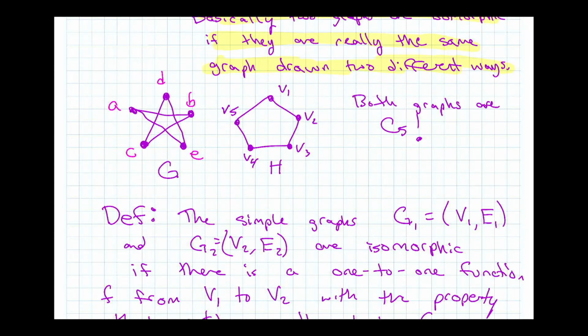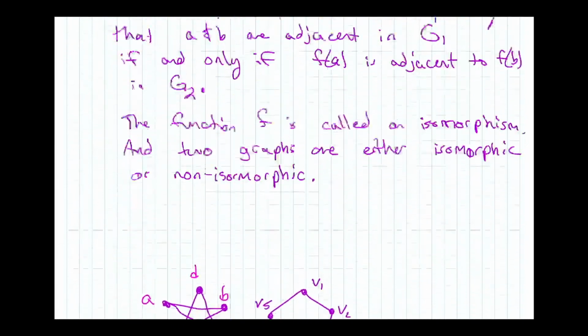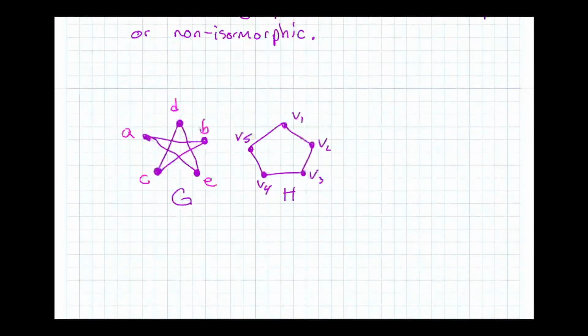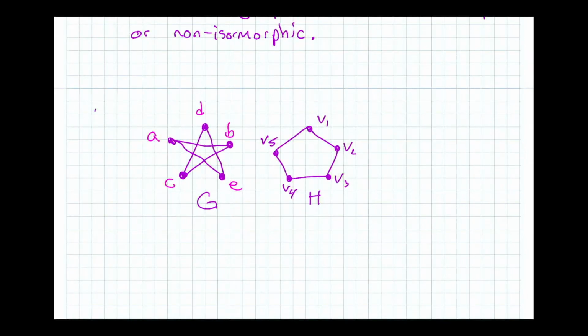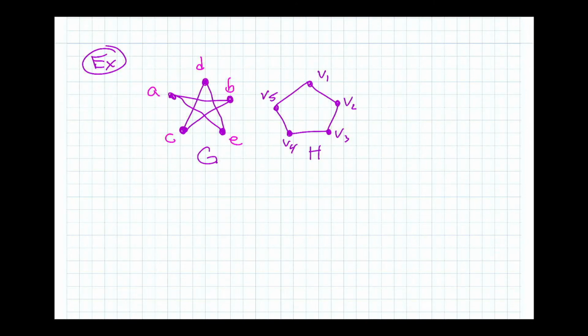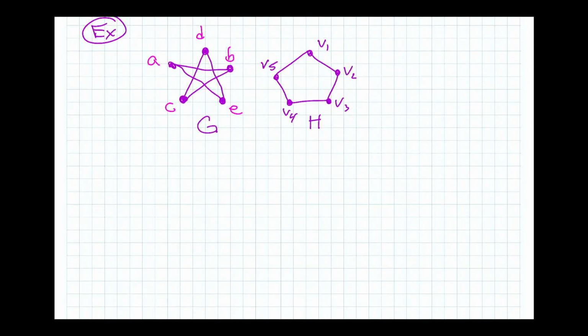We can duplicate it, move it down here. We'll use this as an example right now. So these two graphs are isomorphic and we need to come up with the function.